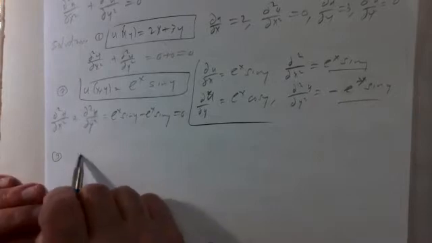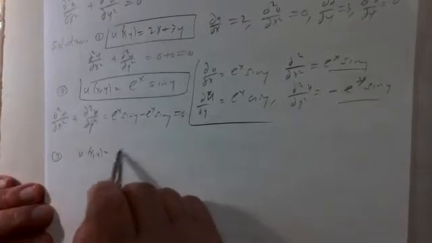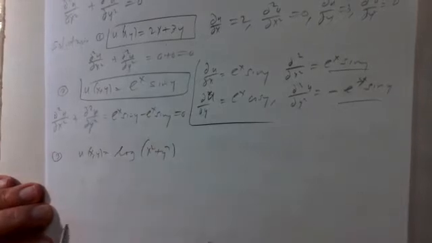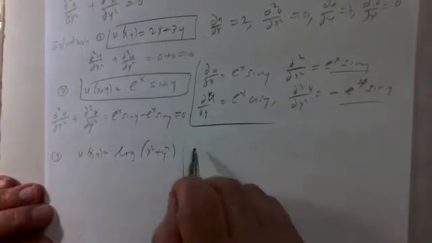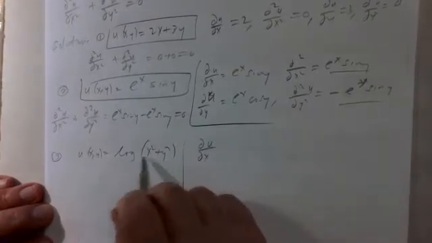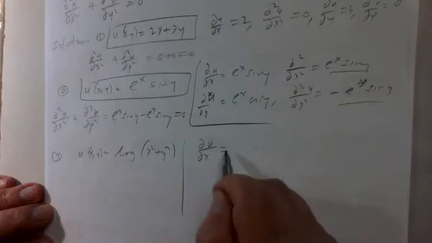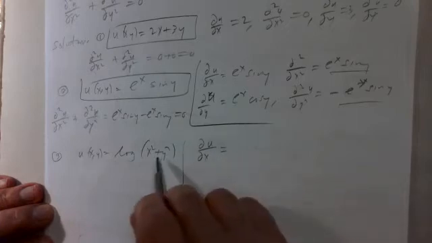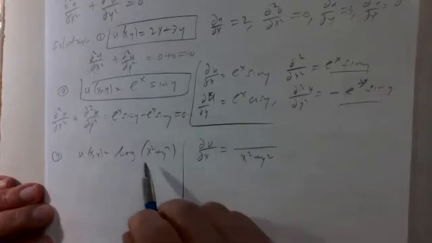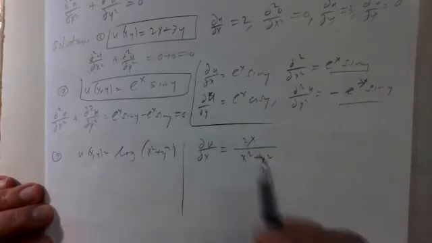Suppose we let u of x, y equal the log of x squared plus y squared. When you differentiate u with respect to x, you get 1 over x squared plus y squared times the derivative of x squared plus y squared, which is 2x.